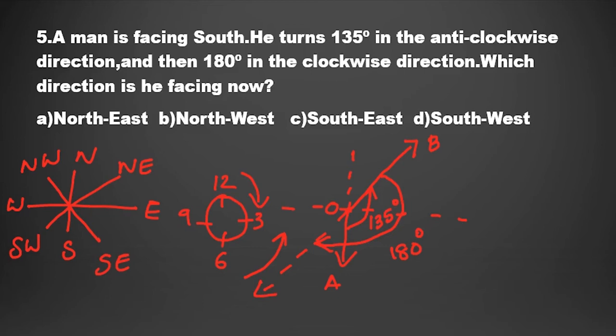This is the final direction of the man, OC. We have to find out in which direction he is facing now. We know that OC is in the direction southwest. So the answer is D, southwest.